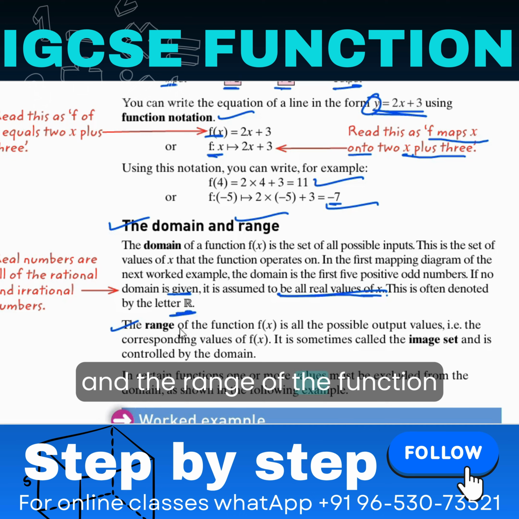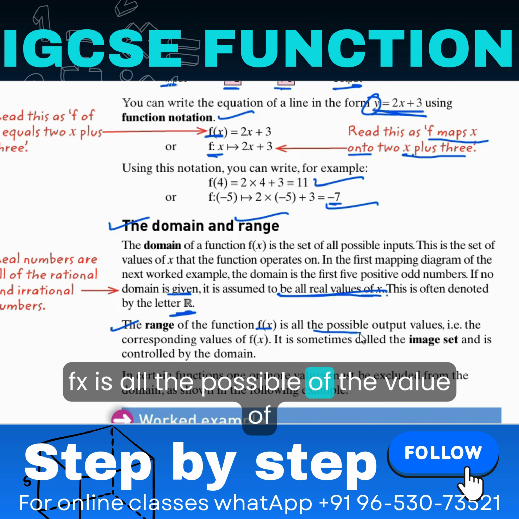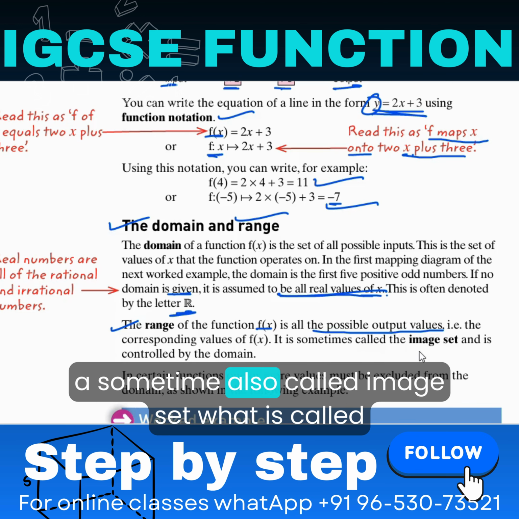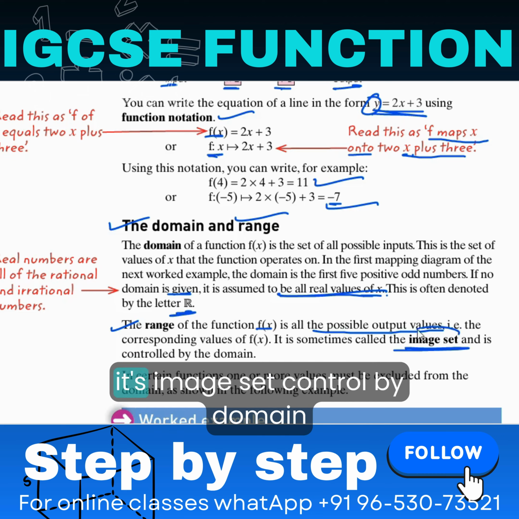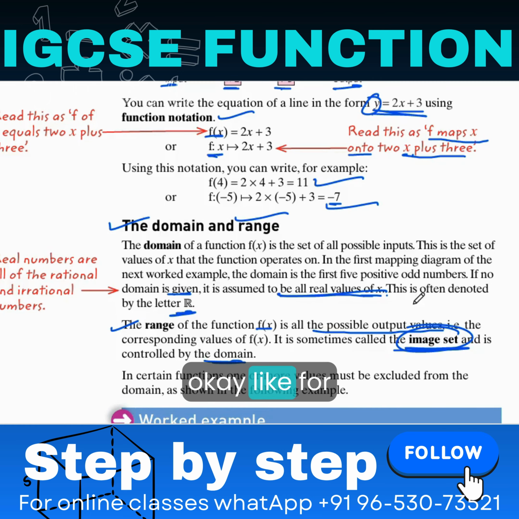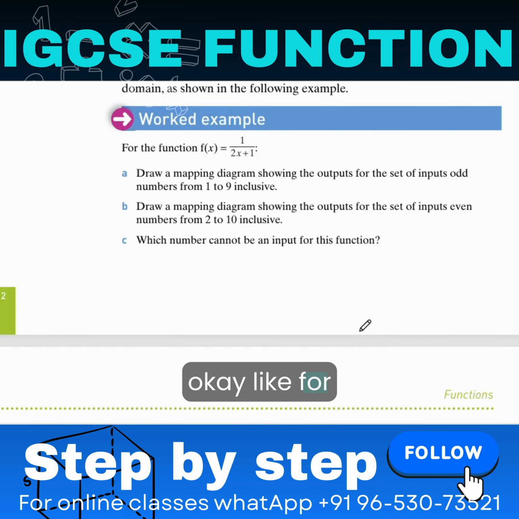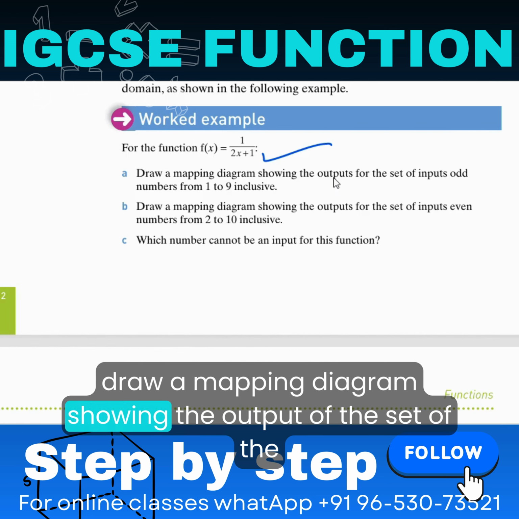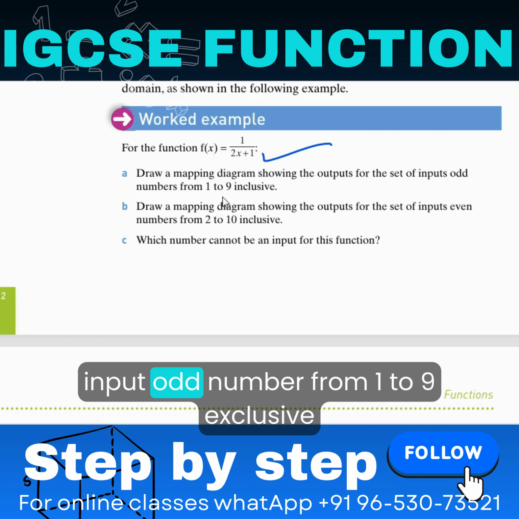And the range of the function f(x) is the set of all possible output values. It is sometimes also called the image set, the image set determined by the domain. For example, f(x) equals 2x. Draw a mapping diagram showing the output for the set of input odd numbers from 1 to 9 exclusive.